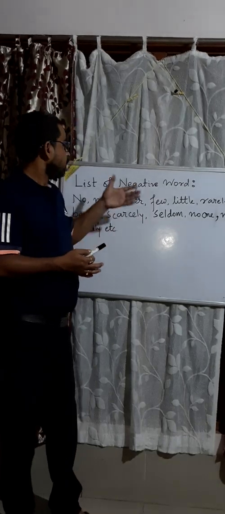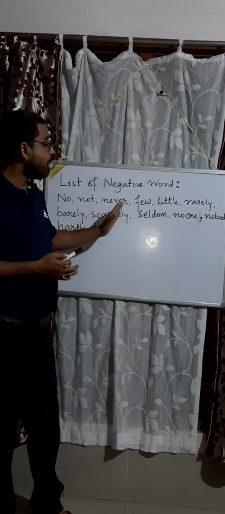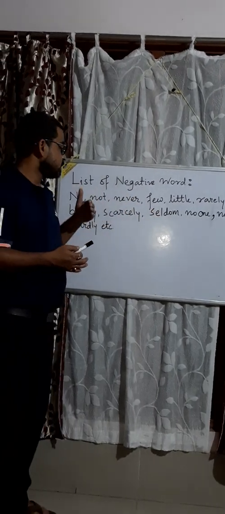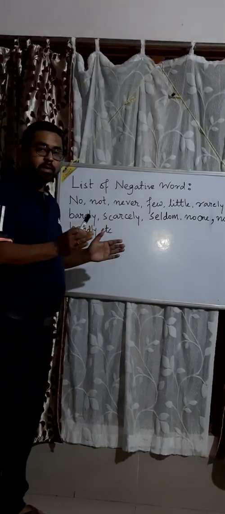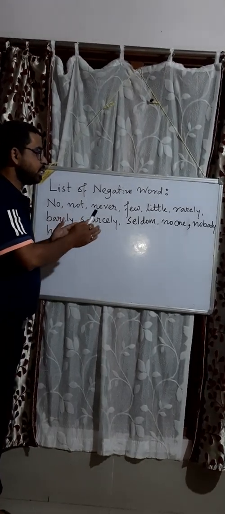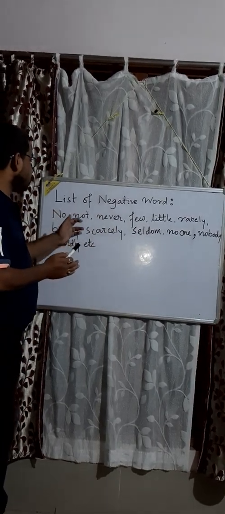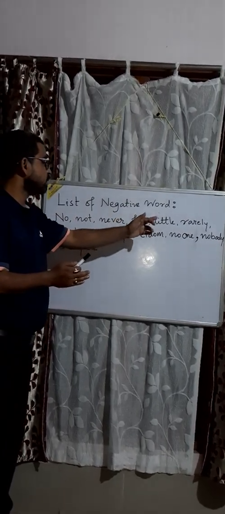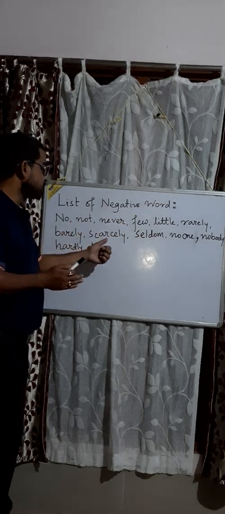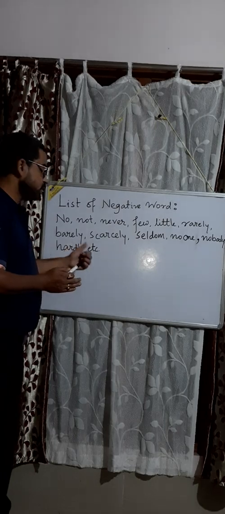Here is a list of negative words which, if any one of these is present in the statement part, then we have to consider that statement as a negative statement. The words like no, not, never, few, little, rarely, barely, scarcely, seldom, no one, nobody, hardly, etc.